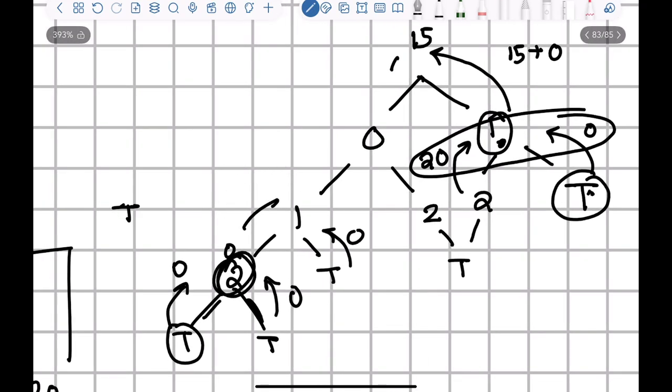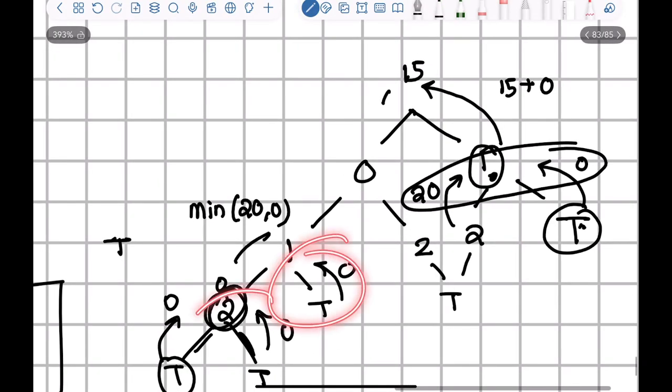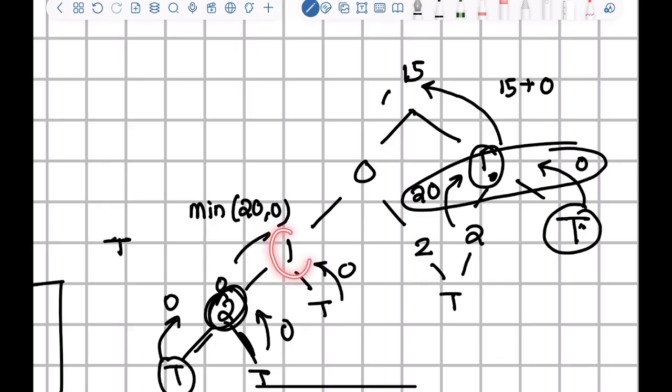So here it would have to take the decision, what was the minimum of 20 and 0? What was the minimum of these 2 trees? The minimum was 0. So I returned the cost of taking this step, 15 plus 0, which I took.